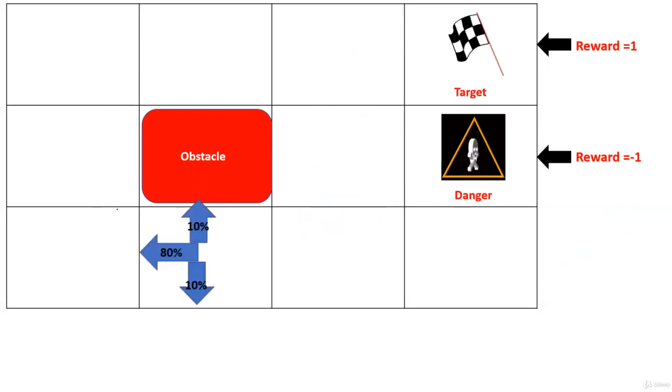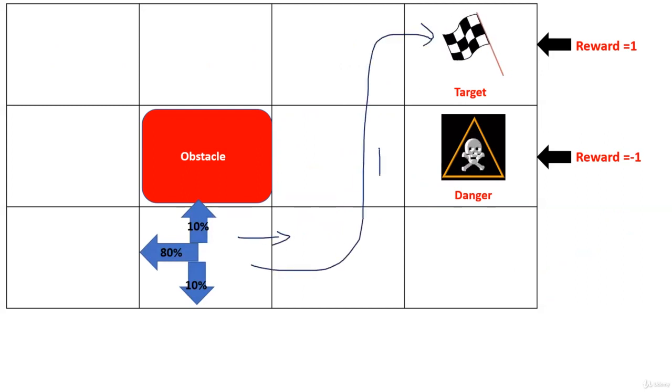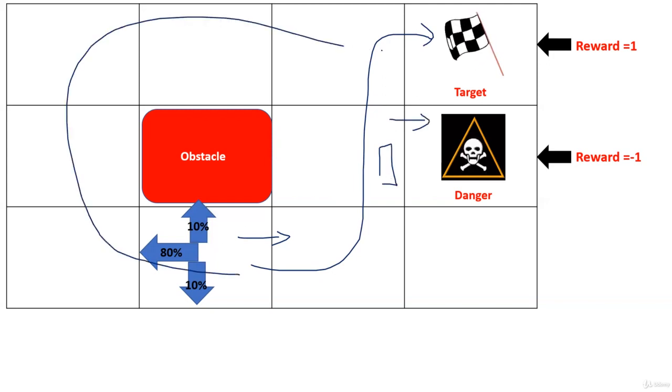Now here also you can see we don't want our UGV to go from here, because if the UGV comes onto this block, it may go on this side. So we want our UGV to take this path itself, even if it is a longer path, but we don't want our UGV to go from this path. This path is not allowed because there's a danger on this side.